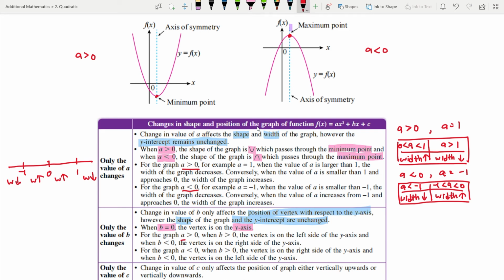For the graph a is greater than 0, when b is greater than 0, the vertex is on the left side of the y-axis, and when b is less than 0, the vertex is on the right side of the y-axis.